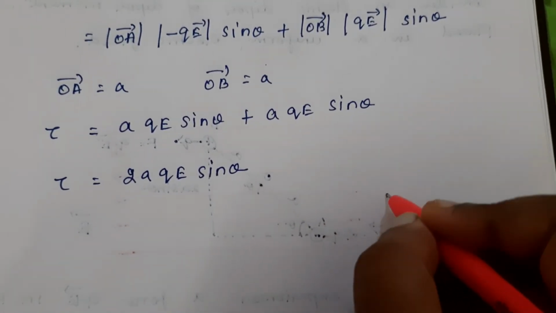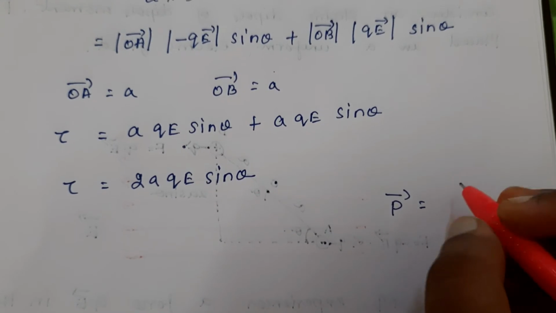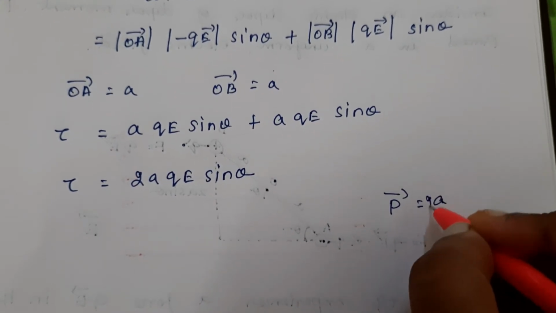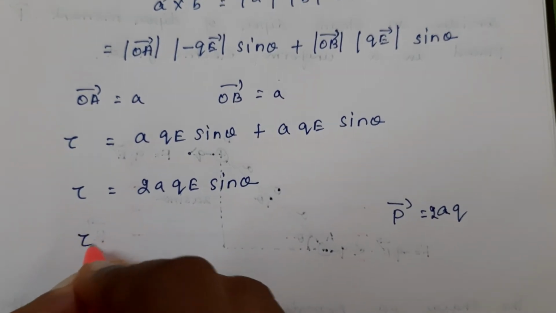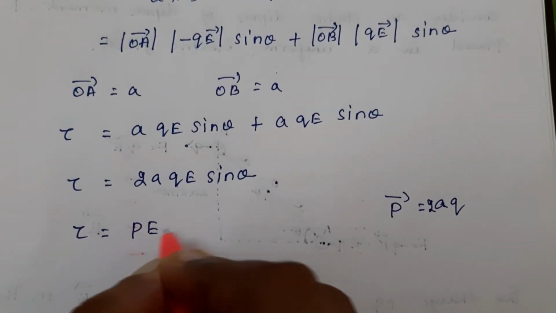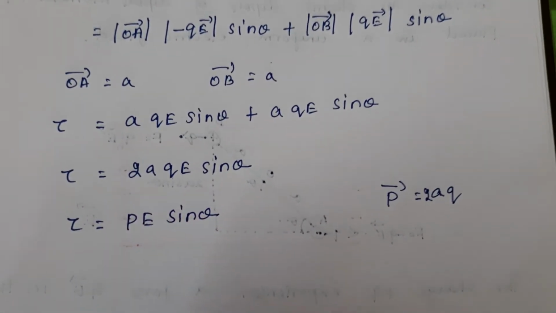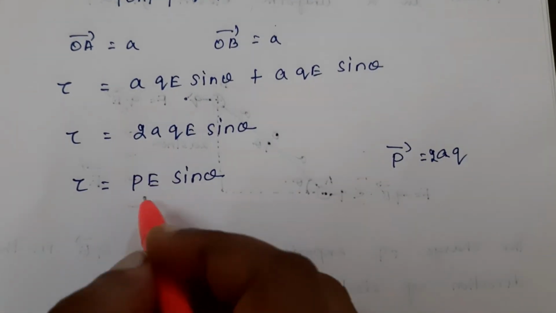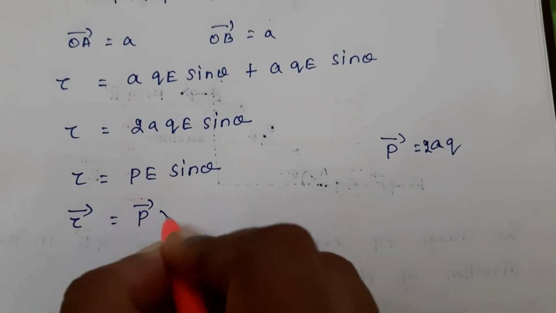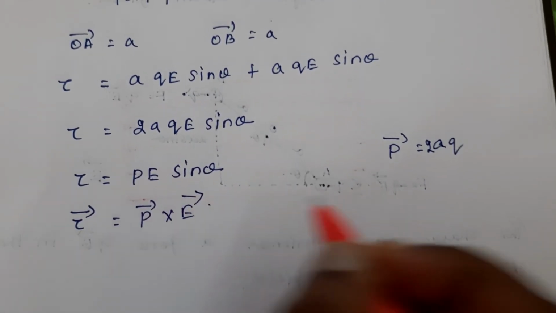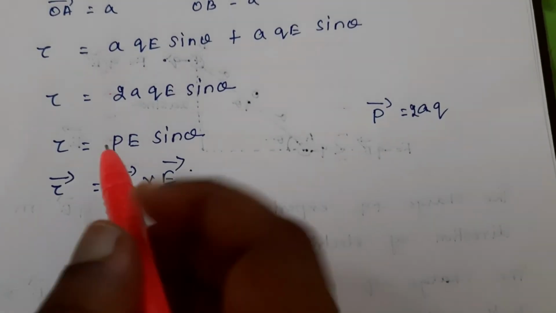Now we know P vector is equal to 2AQ, that is the dipole moment. So we can write tau is equal to PE sin theta. Now PE sin theta can be written in vector form as P cross E vector, because A cross B is equal to AB sin theta.